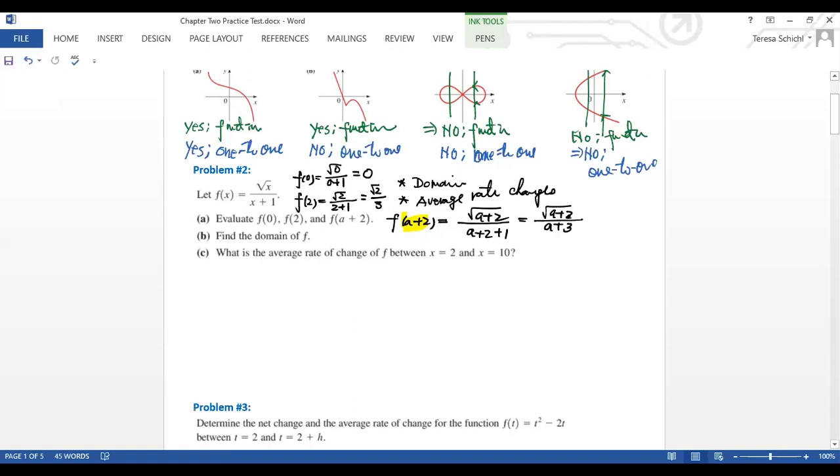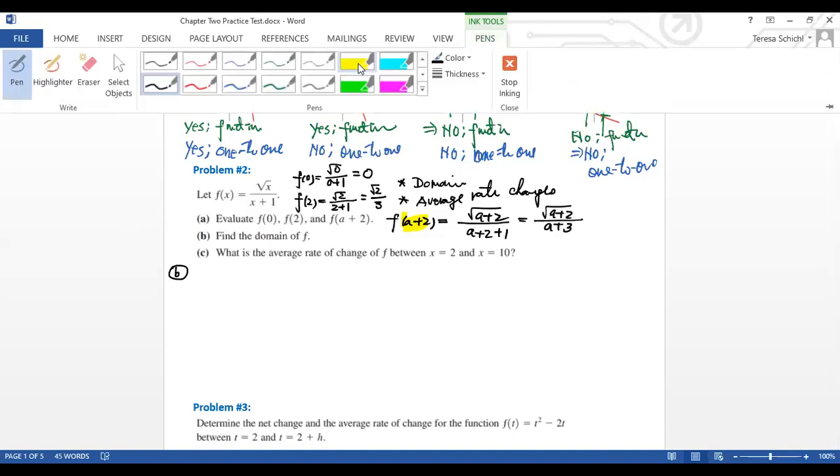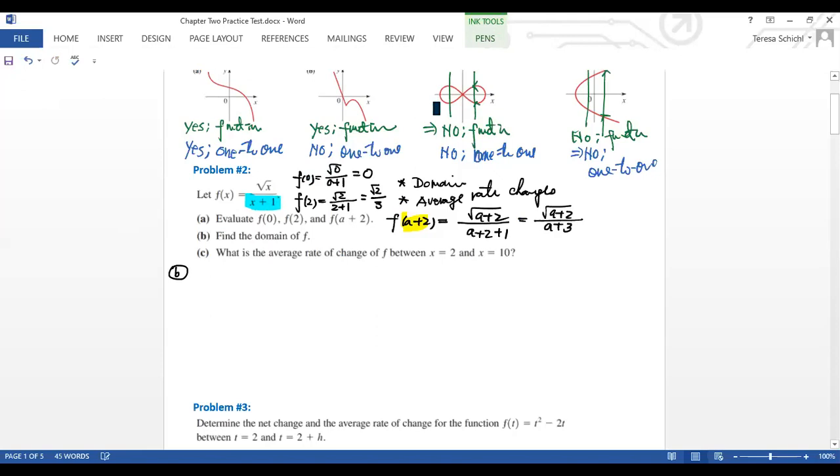Okay, so now let's take a look at part B, the domain here. We start with the real number line, then we go to the excluded things. The first thing you see is a denominator. If I see a denominator, the point I need to exclude is where x plus 1 equals 0, because I cannot have zero in the denominator. So x equal to -1 is the point I need to exclude from my domain.